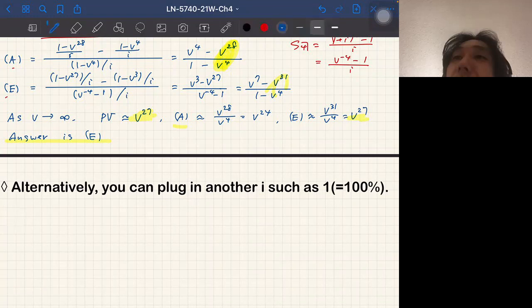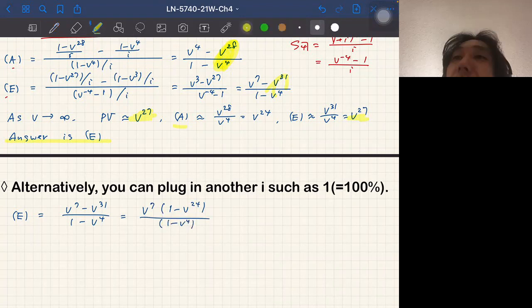So E is equal to v to the power 7 minus v to the power 31, over 1 minus v to the 4th power. And this becomes v to the 7th power times 1 minus v to the 24th power over 1 minus v to the 4th power.